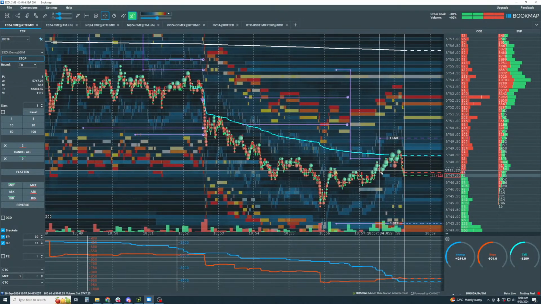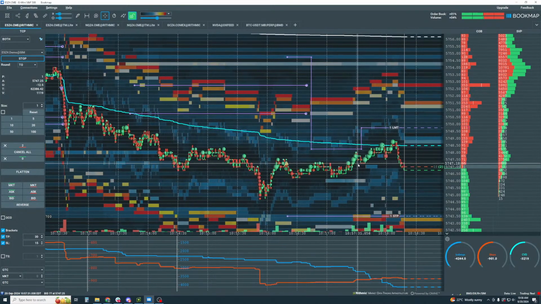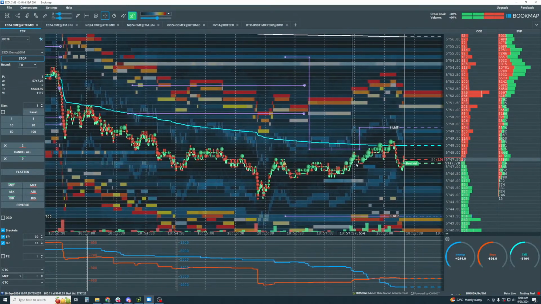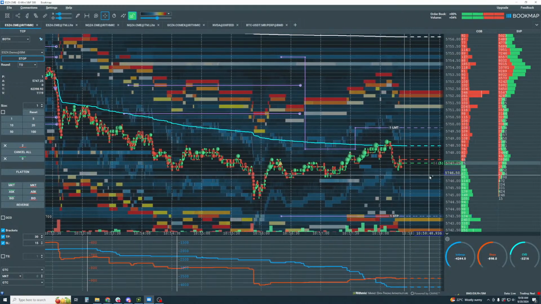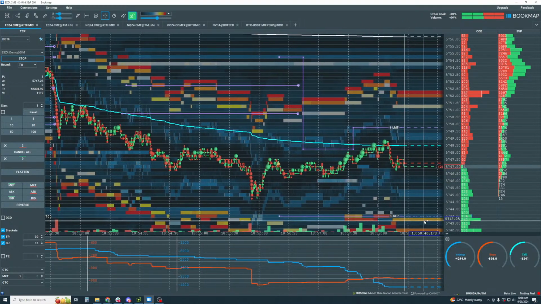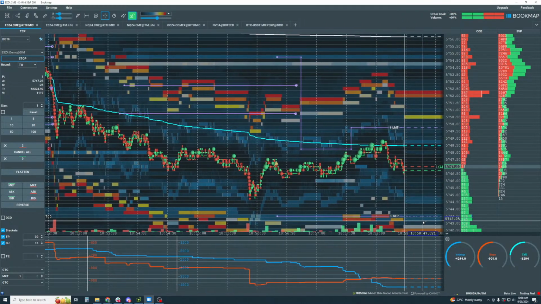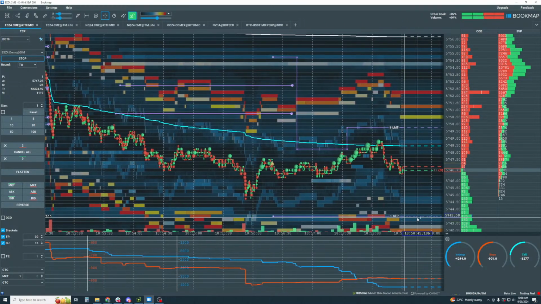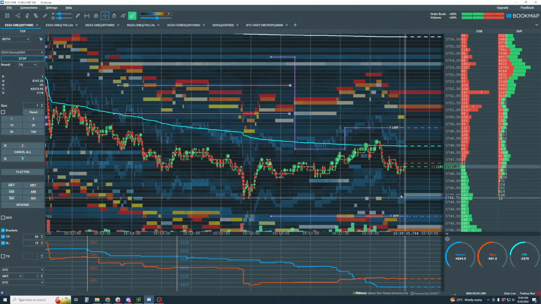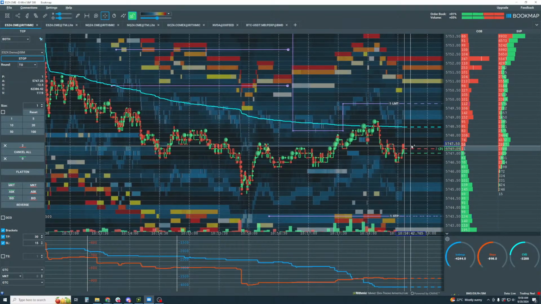And we've got another pullback here, to where we bought here. Okay, now do we get more buyers coming back in? Does the order book support it? Let's take a look. Order book is not supporting it. Okay, are we getting our buyers in here?